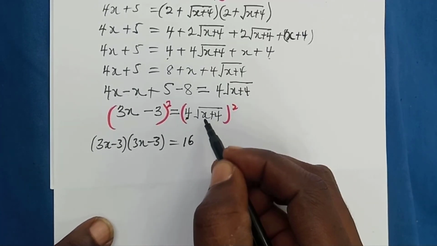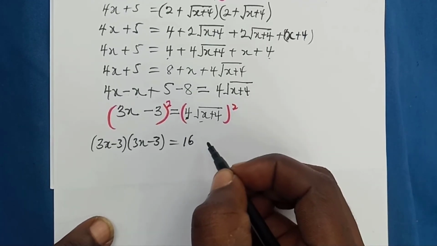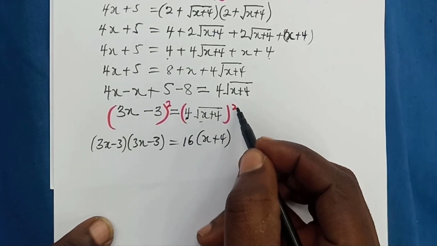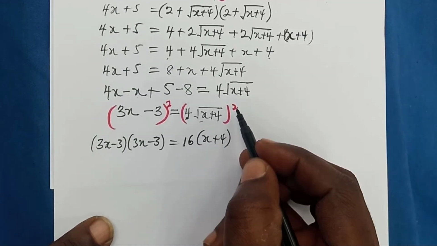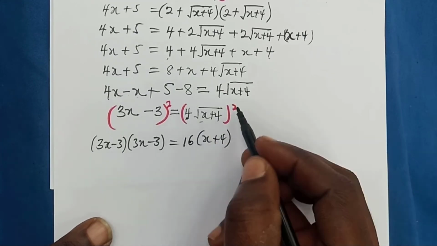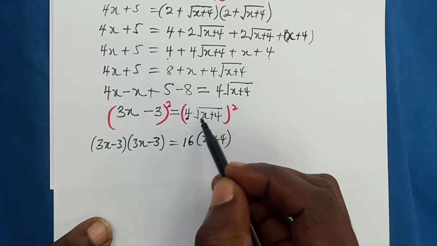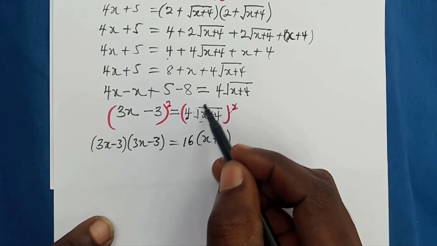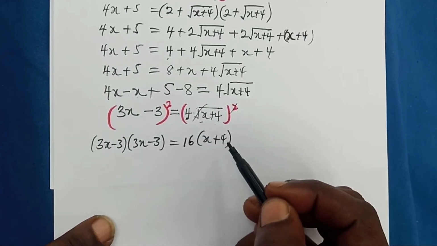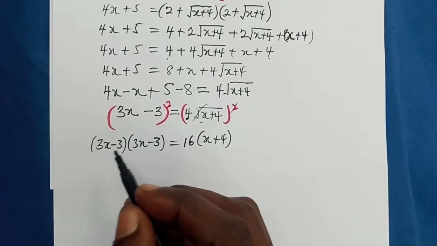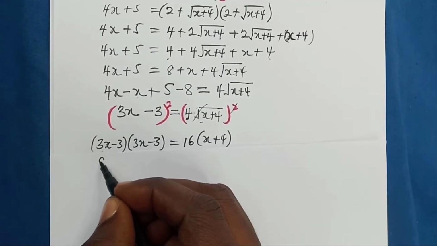And then we have root x plus 4 squared will be x plus 4. 4 squared is 16. The 4 will take the square, and root x plus 4 will also take the square. And so 4 squared is 16, and then root x plus 4 squared, the square will cancel the root, and we are left with x plus 4.